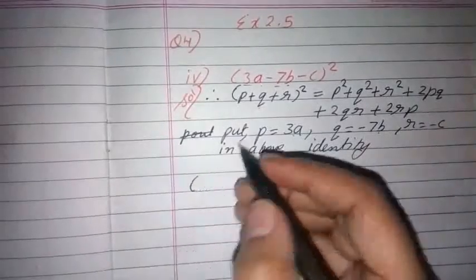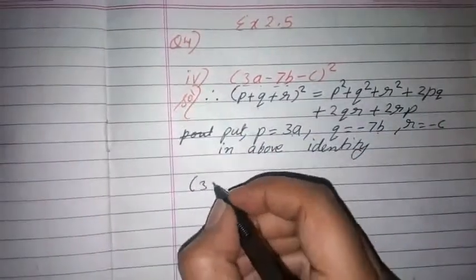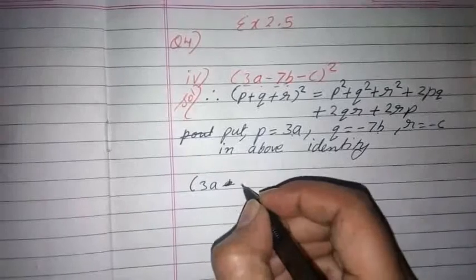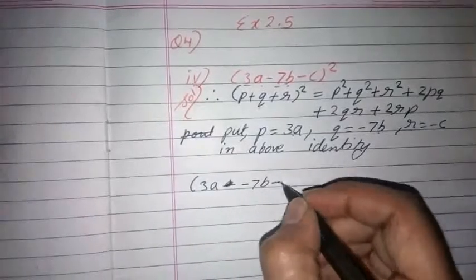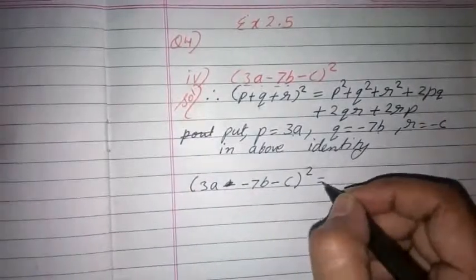Okay, let's put p as 3a, q as minus 7b and r as minus c, their whole square.